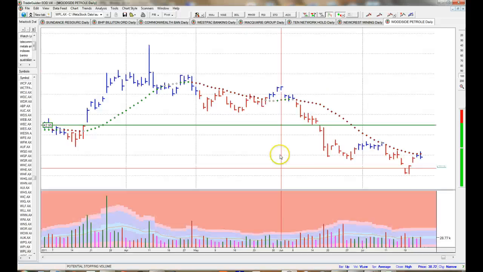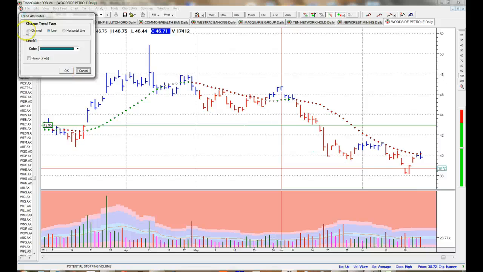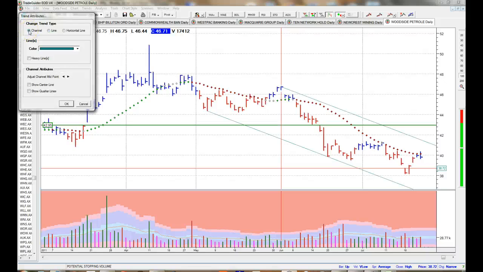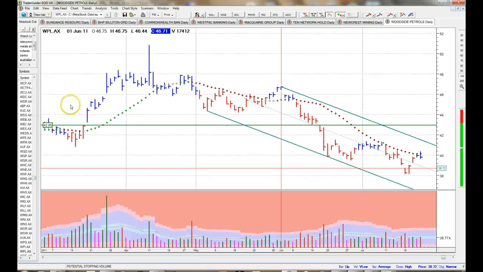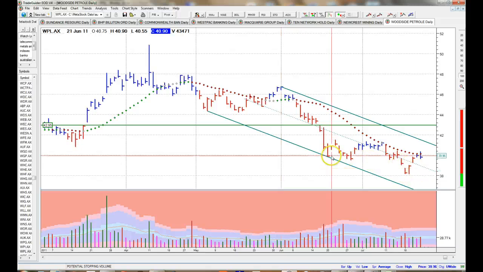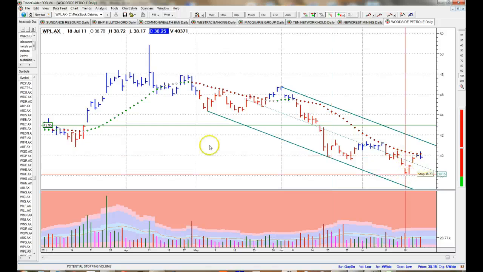I might connect these two lows and just see what we get. Possibly. Whack a center line in there, that might help us a little bit. But anyway, it's going down. It's still making lower lows. Even this week it was starting to make a lower low anyway, but it's broken lower again.